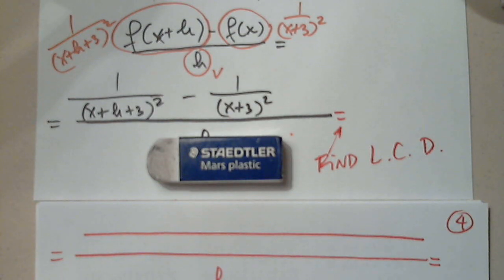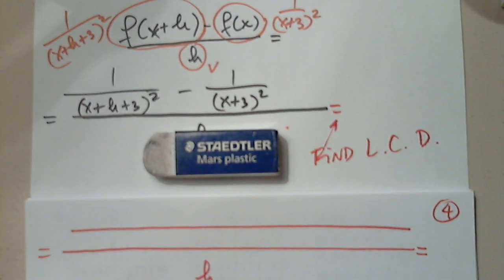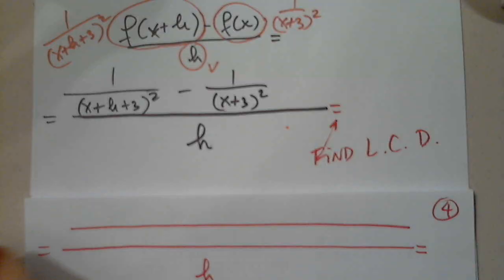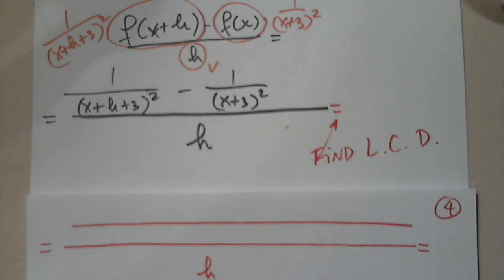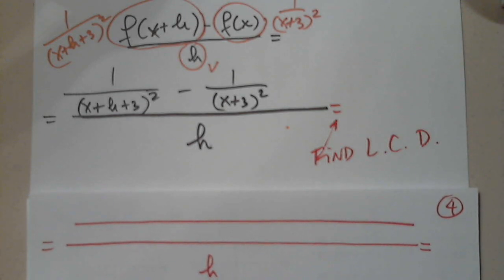Anyone else? Brian, what do you think the least common denominator will be? Would it be x plus h plus 3 squared minus x plus 3 squared? Okay. Anyone else? Is it 3 squared? Okay. Anyone else?